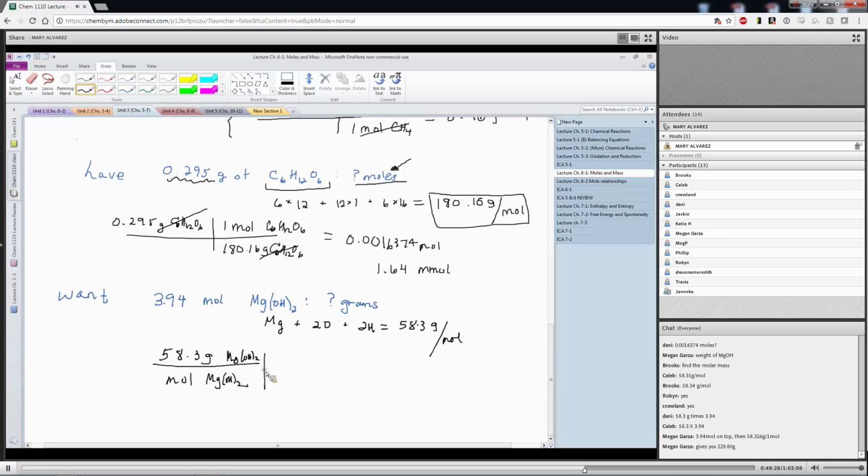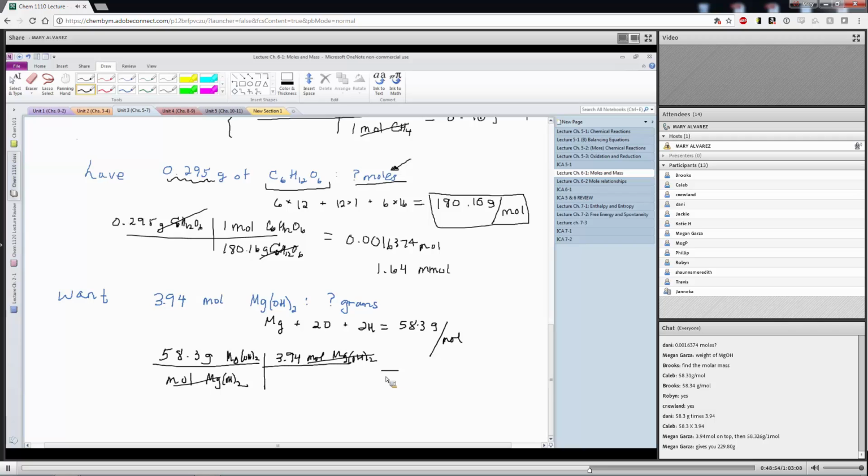And then I can say, to get rid of moles, I'm going to multiply here, the 3.94 on top, so that my moles will cancel. So my moles, magnesium hydroxide cancel. And then the numbers, yes, it ends up being 58.3 times 3.94. Perfect. Yes, Megan, that's what I wanted to see.